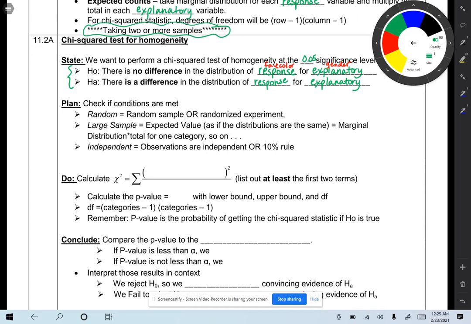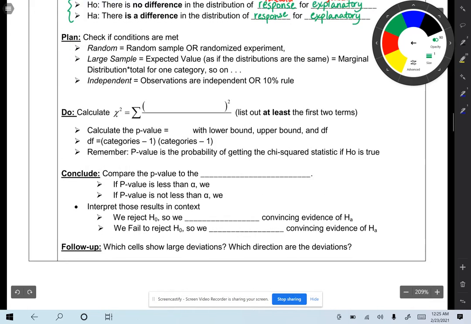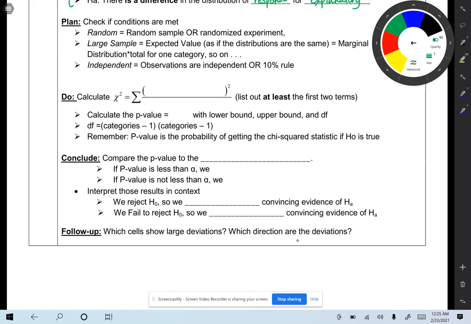And then the independent observations are independent or 10% rule. And then you do the chi-squared statistic, which is the same formula as for the goodness of fit. So it'd be observed minus expected quantity squared divided by the expected. And do the summation, list out at least two of the first terms.